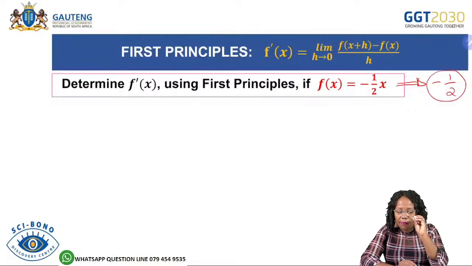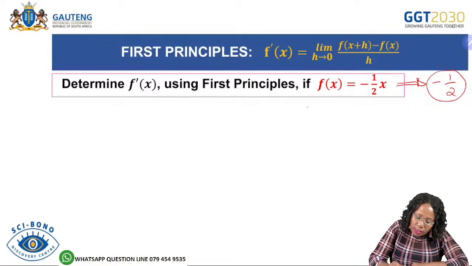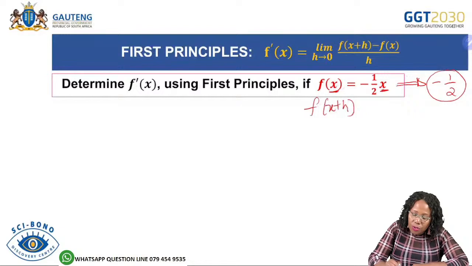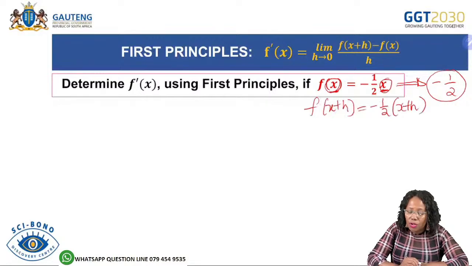A minus half. Right. After identifying your final solution, look at f at x plus h. That means where we have an x, we are now going to substitute our x with x plus h.